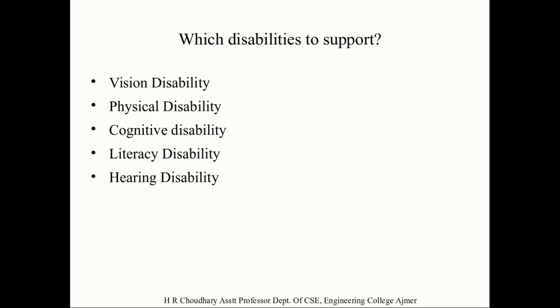Then we look at cognitive disability. In cognitive disability there are learning difficulties, poor memory, or not being able to understand more complex scenarios. Then the literacy disability, which covers reading problems, writing problems, and lack of knowledge of the alphabet and language.